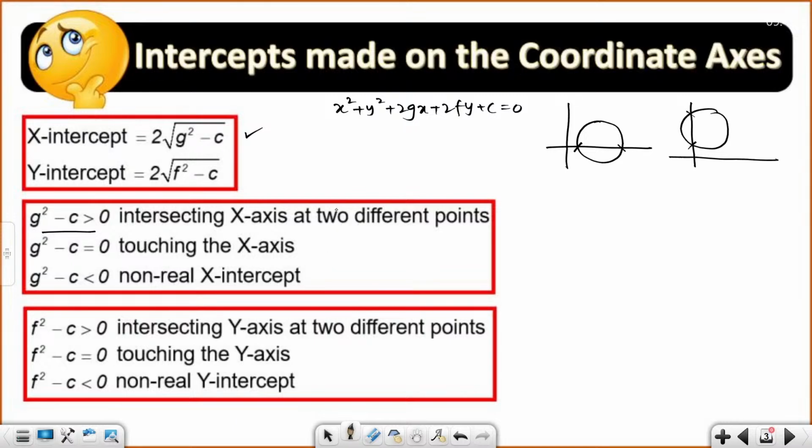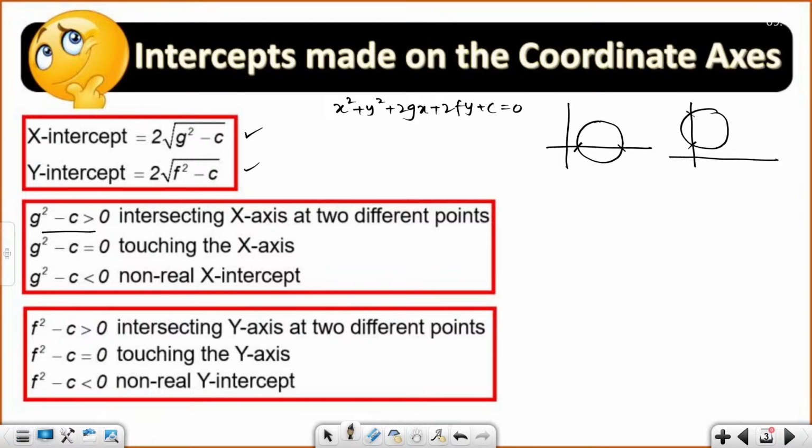How these two formulas came, I have already discussed in the previous lecture, so I'm not going to discuss it anymore here. Now the same thing with the y-axis intercept. If f square minus c is greater than 0, it is intersecting the y-axis at two different points. If it is equal to 0, it is touching the y-axis.